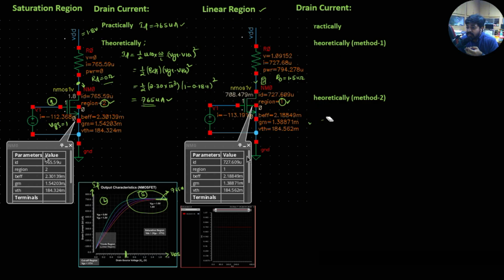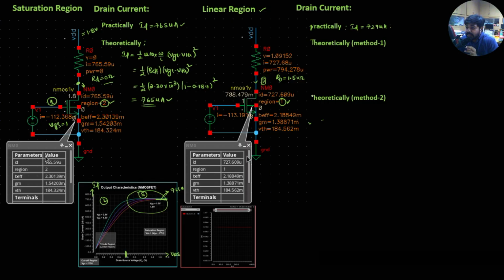So now if you go with the practical calculation, we can see practically how much ID was conducted, which is shown in the tool as 727 microamperes. Now we calculate that theoretically also.